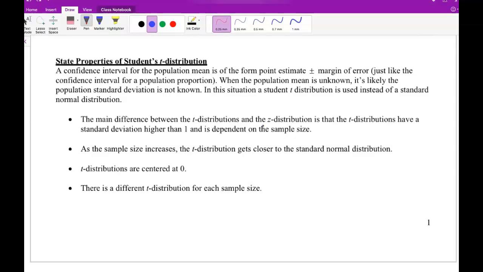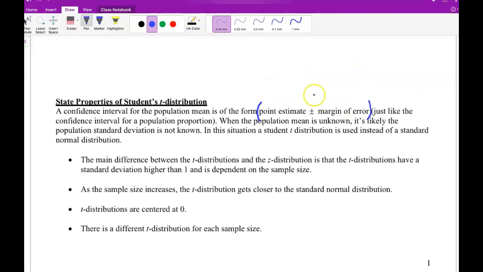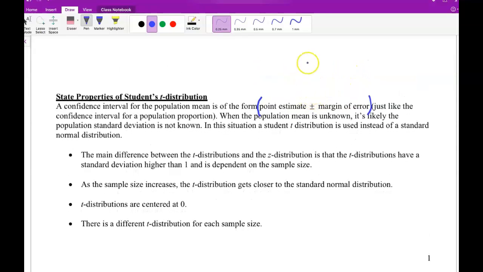Here we have the student's t distribution. The confidence interval for the population mean has the form point estimate minus/plus margin of error. So I'm writing that.